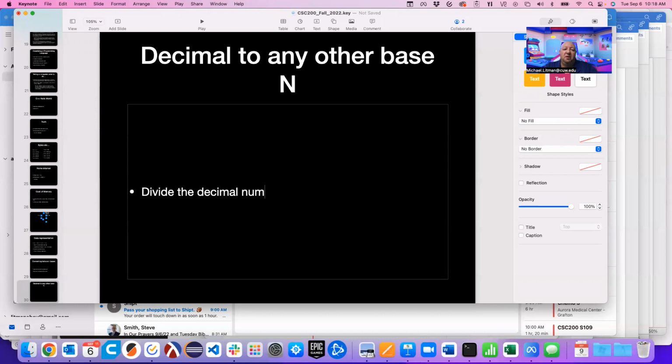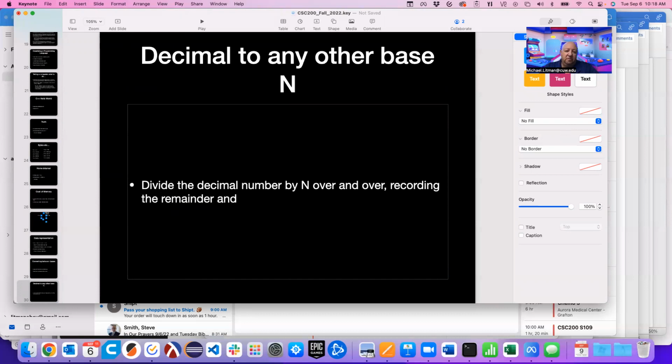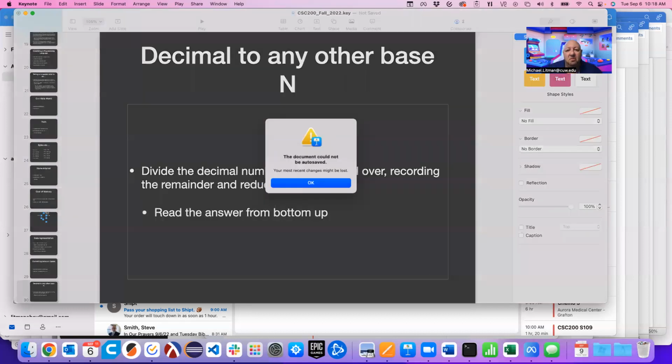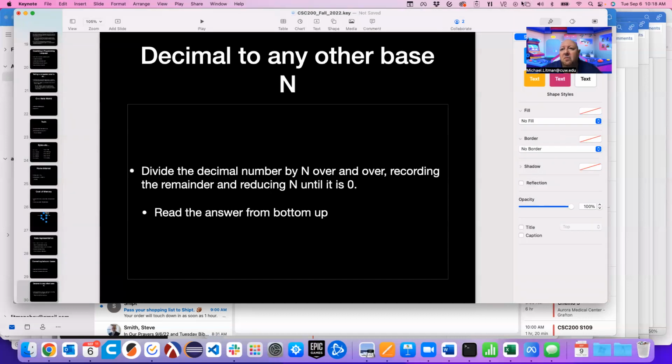Divide the decimal number by n over and over, recording the remainder and reducing n until it is 0. Read the answer from bottom up. All right, we're going to see this as an example here in a second.